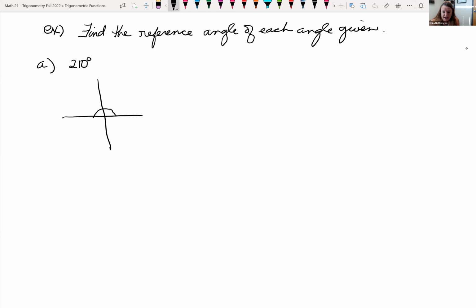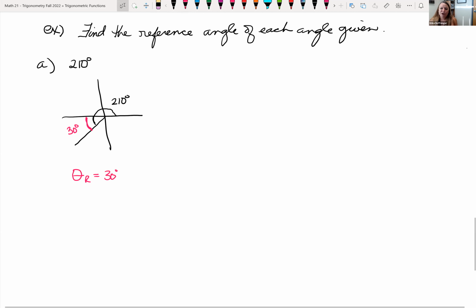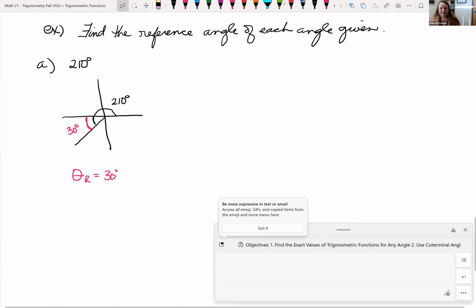And so 180 plus 30 degrees would give me 210. And so in here, this is 30 degrees. So our reference angle, theta sub r, is equal to 30 degrees. So I'm going to pause here.